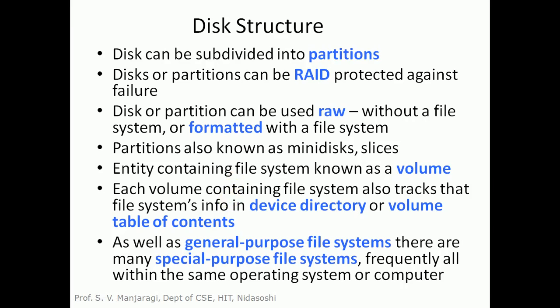NTFS is the file system used in Windows. It stands for New Technology File System. If a partition is raw, it doesn't have any file system. But most of the time, a partition must be formatted with a particular file system. It is compulsory.